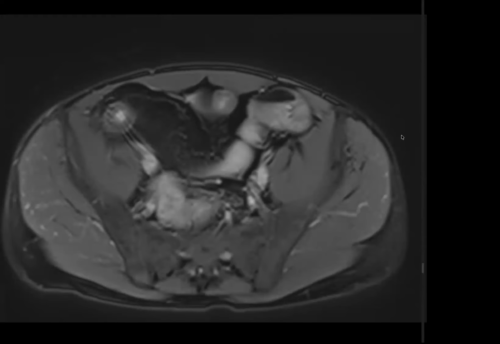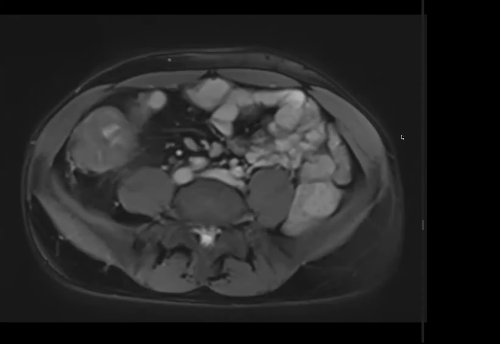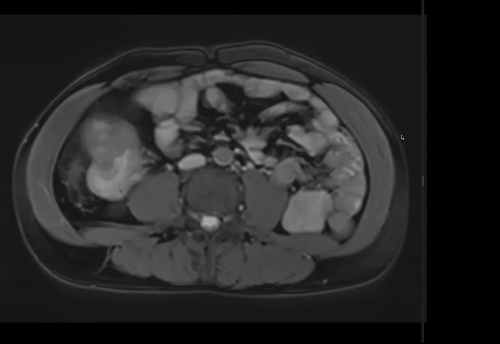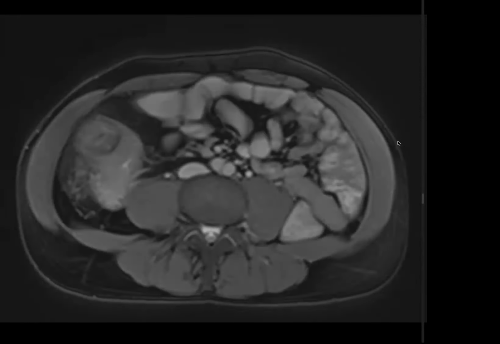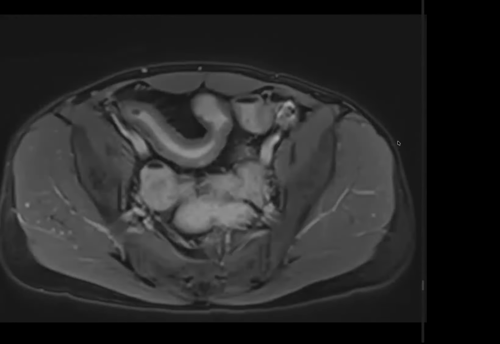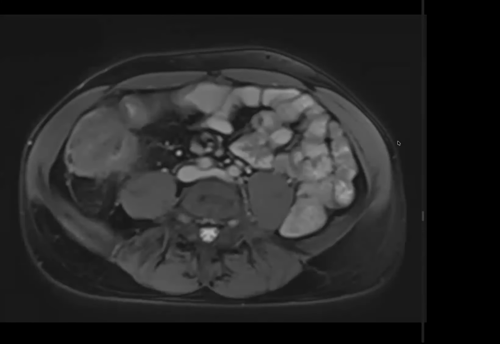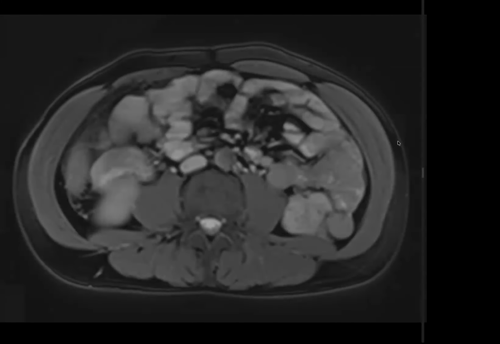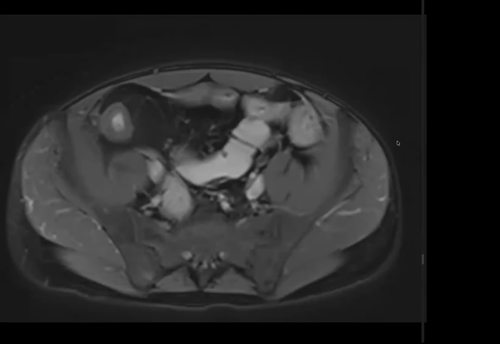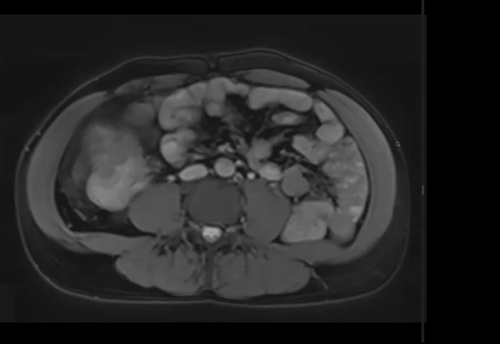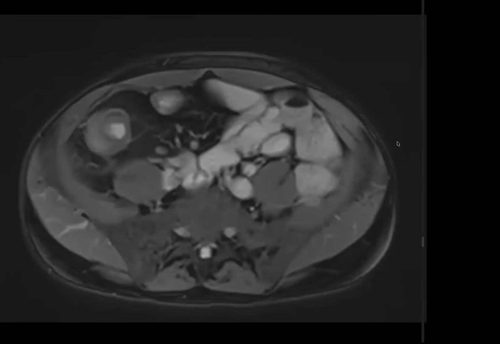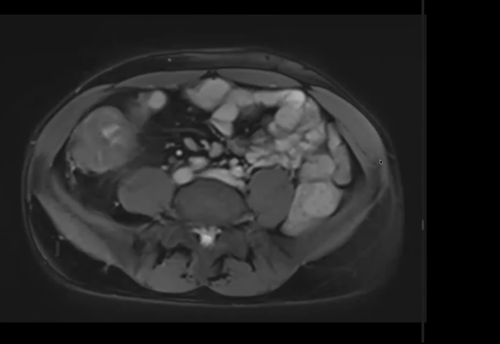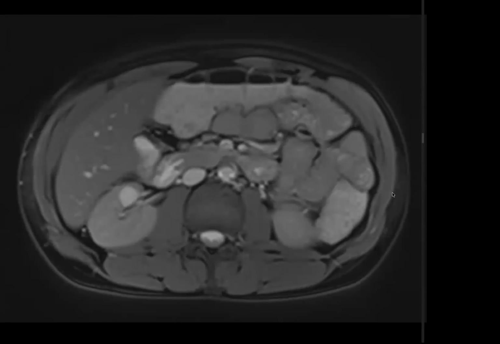There are intermittent areas of normal bowel thickness, suggestive of skip areas. There is mild surrounding pericecal and periileal fat stranding, and a few tiny retroperitoneal lymph nodes around the area of fat stranding.